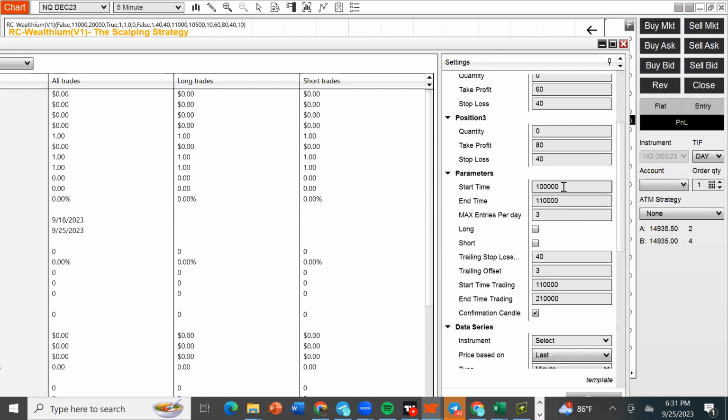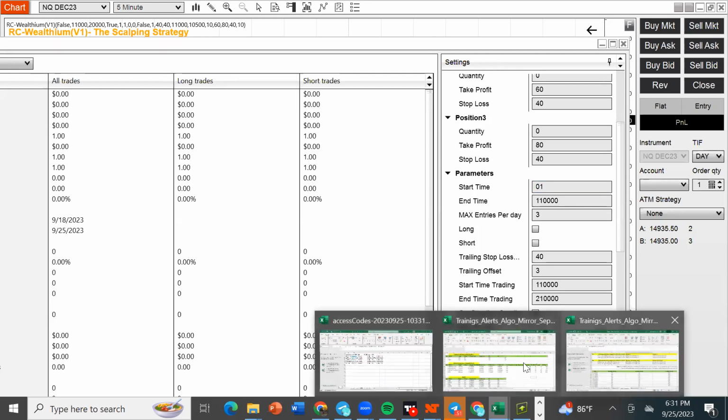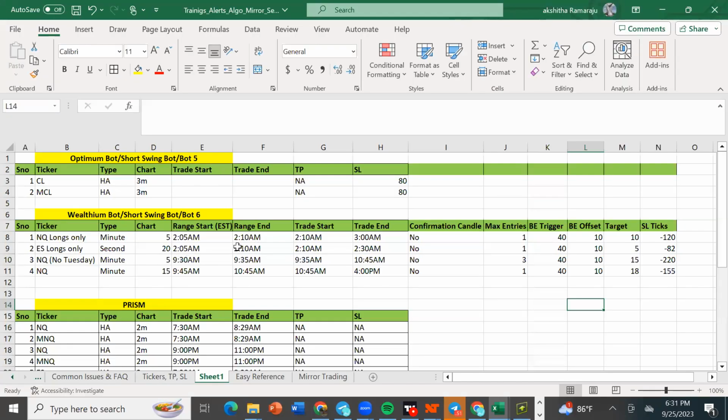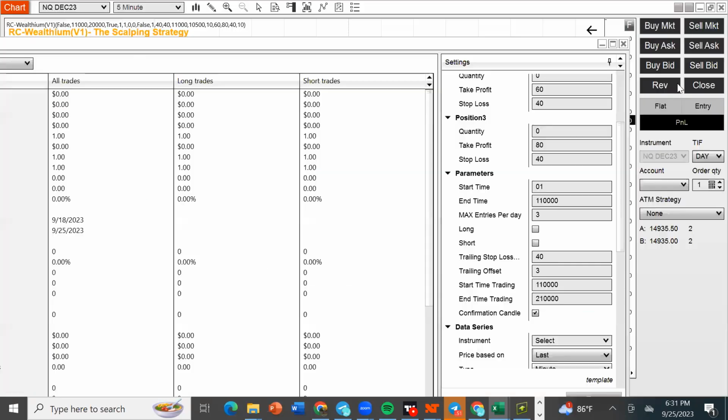Then the start time, I want to start from 10, this is 105 to 110. Right, so max entries per day 1. It is long only. And trailing stop loss offset 4010.